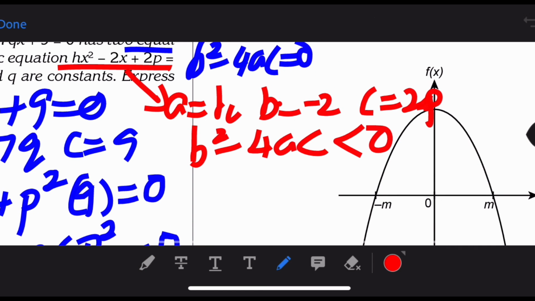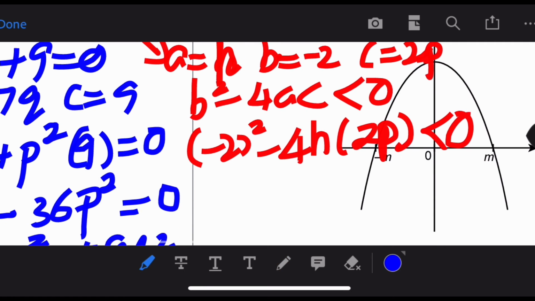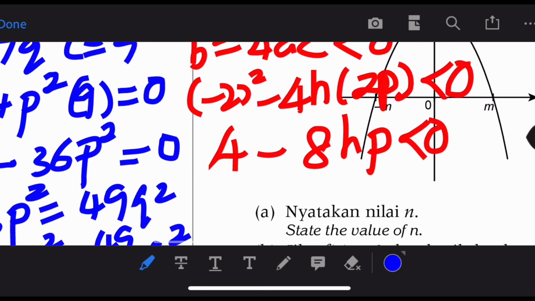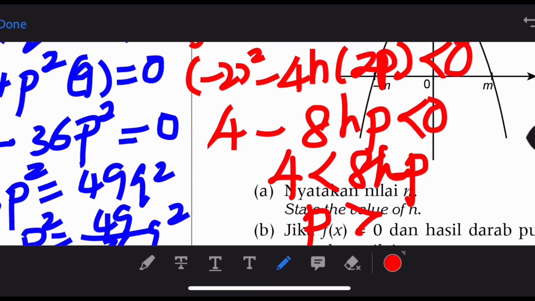So negative 2 squared minus 4 times h times 2p less than 0. So we just do accordingly: 4 less than 8hp. Now the question says express p, so we write p.